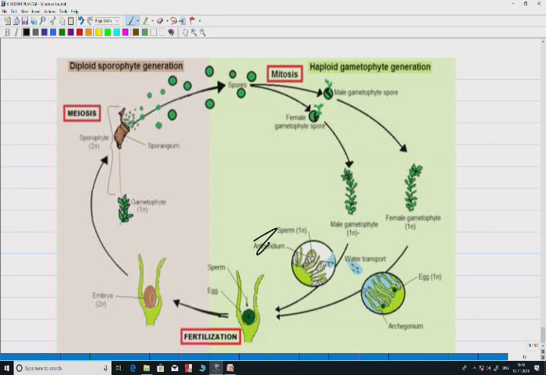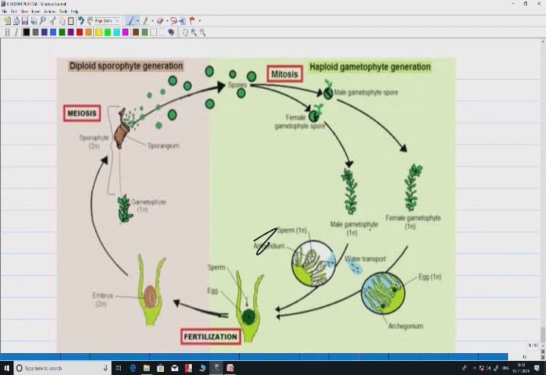Male gametophyte can be found separately, and female gametophyte can be found separately also, or it is also possible that they are found on the same plant. So there are two cases: either they are separate or they are found in the same plant.